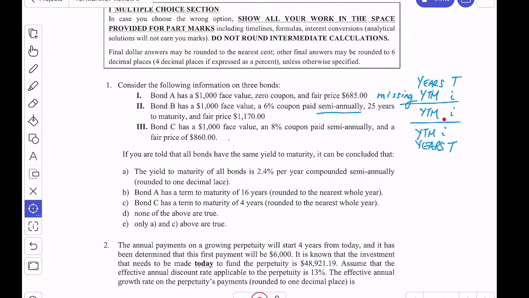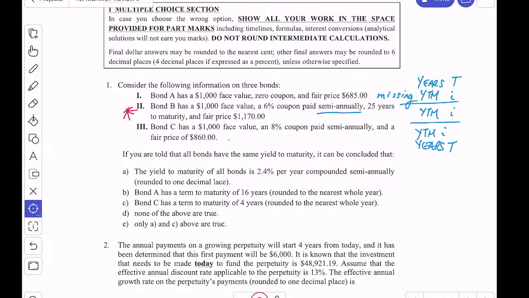In number 2, you're just missing yield to maturity. And number 3, you're missing both. So why don't we start with number 2, and solve for the yield to maturity. Once you solve it here, they should all be the same because that's what you were told.